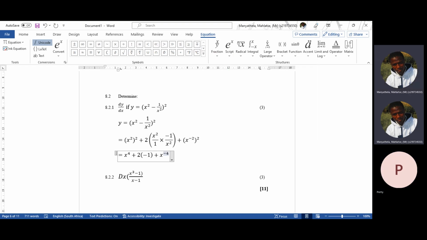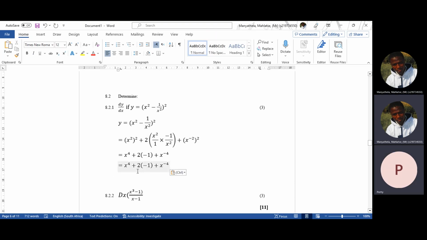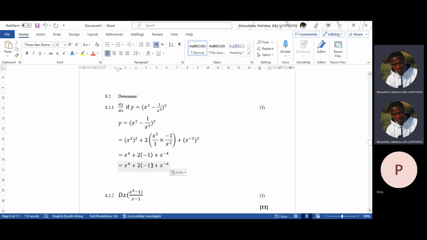So 2 times negative 1 gives us negative 2.